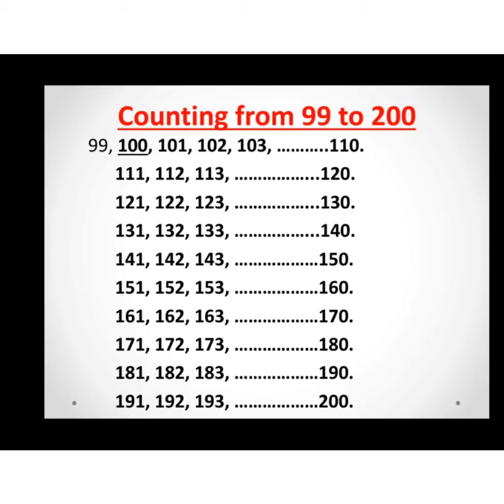Next, counting from 99 to 200. Can you continue the counting after 99? Yes, after 99 we have 100 and then again counting starts from 1 with 100. That means 101, 102, 103, 104, 105, 106, 107, 108, 109 and 110.